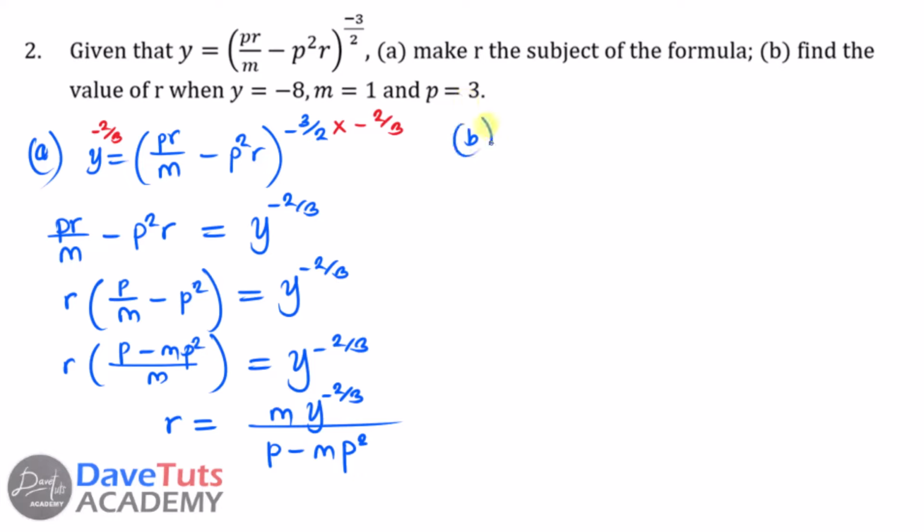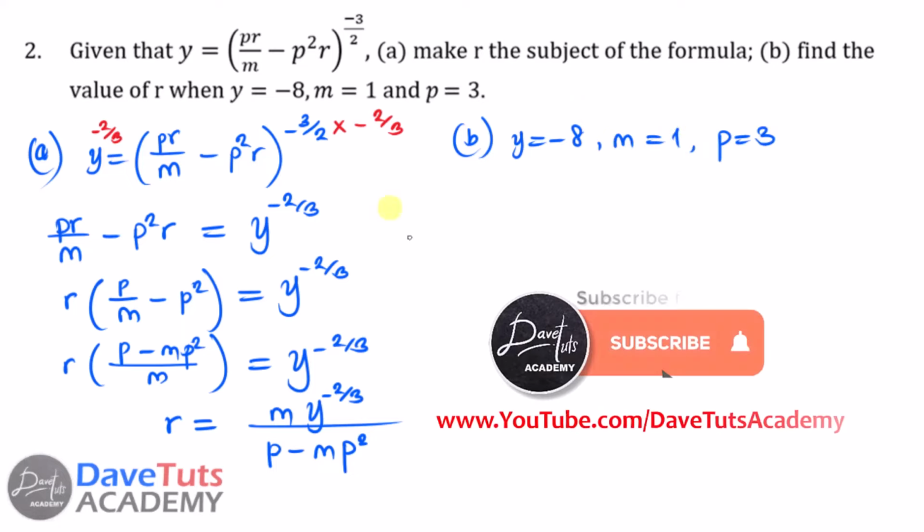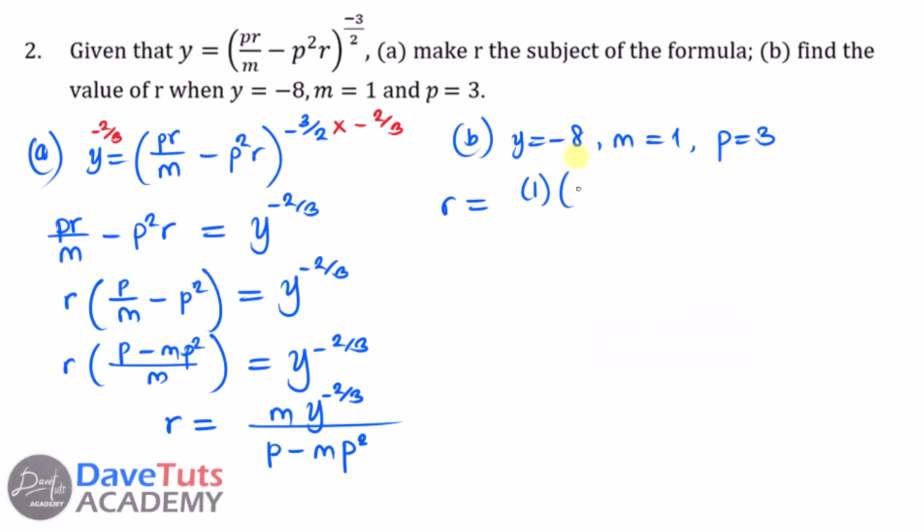Now in the second part of the question, we are given that y is minus 8, m is 1, and p is 3. We have to find the value for r, and we just got that r will be m, which is 1, multiplied by y, which is minus 8 raised to power minus 2 over 3. This is an interesting piece that we need to look at.